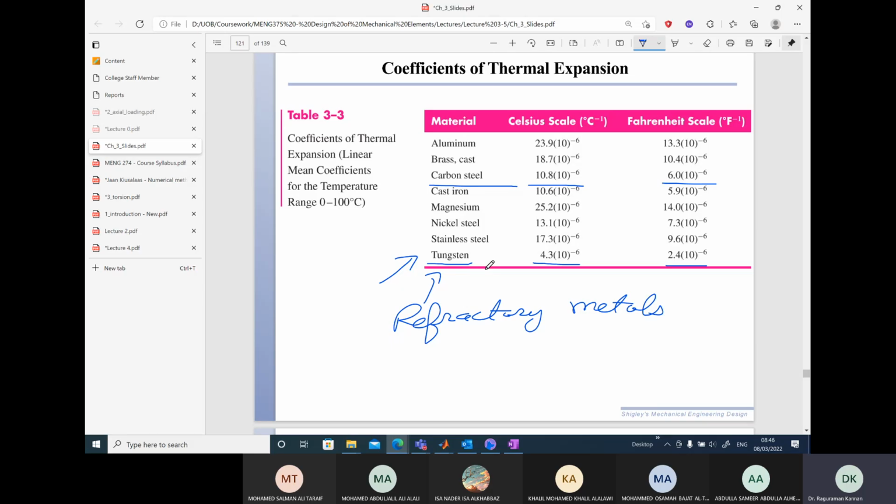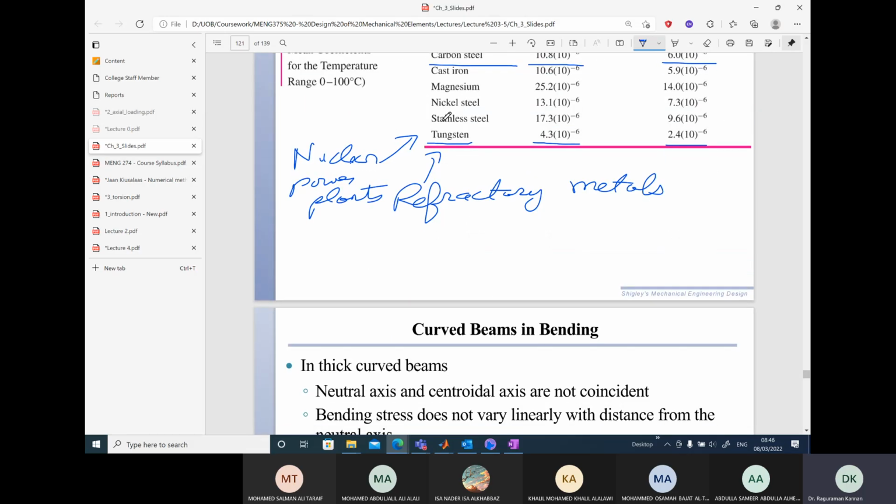If you are not aware, fission is what you have in nuclear reactors, nuclear power plants. So there you will find a lot of use for tungsten, in very high temperature applications. Again, a lot of research is going on this particular material.